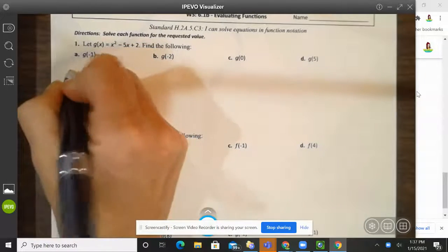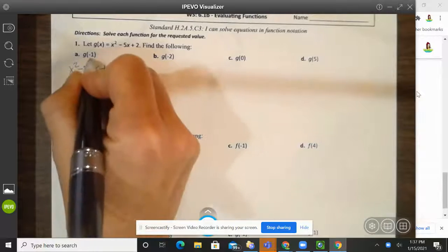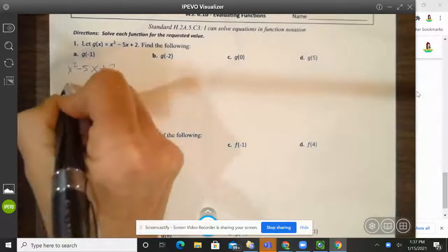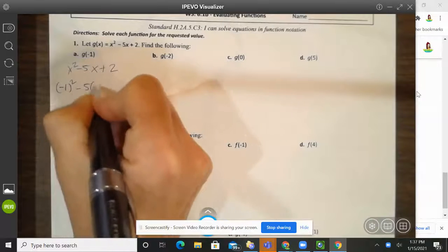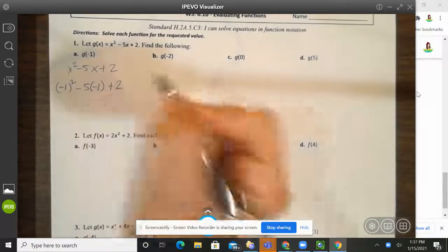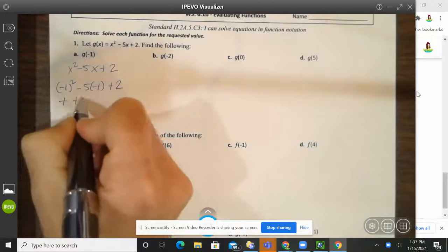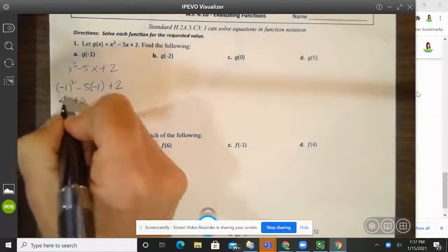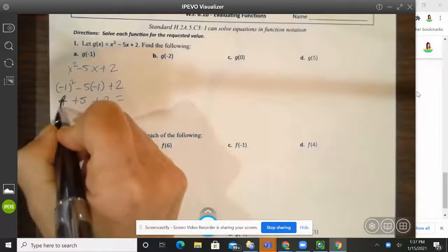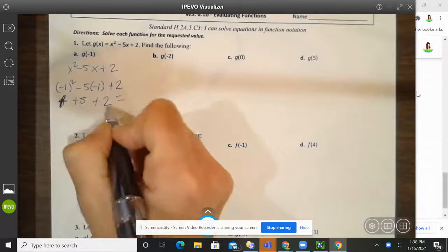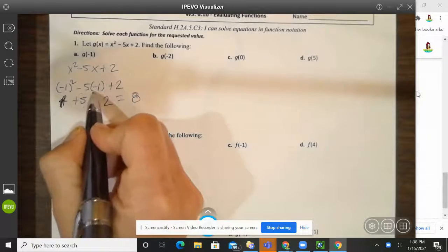So we have x squared minus 5x plus 2, and we substitute x with -1. That's (-1) squared minus 5 times -1 plus 2, and then just solve. That's 1 plus 5 plus 2, that's 6 plus 2 is 8, because -5 times -1 is +5, right?